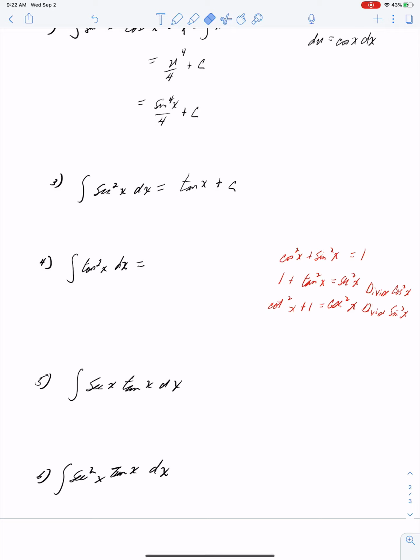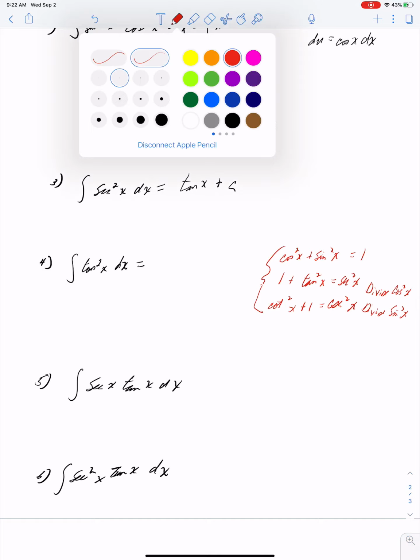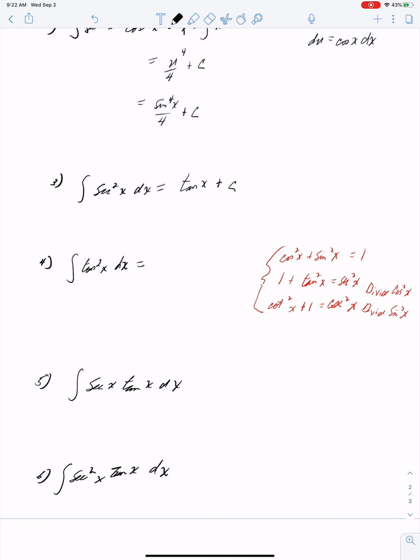So remind yourself of those 3 Pythagorean identities, and in this case, I'm going to use one of them. What am I going to do? I'm going to write tangent squared as the integral of what? Secant squared x subtract 1. I'm using the second one here. How does that help me?